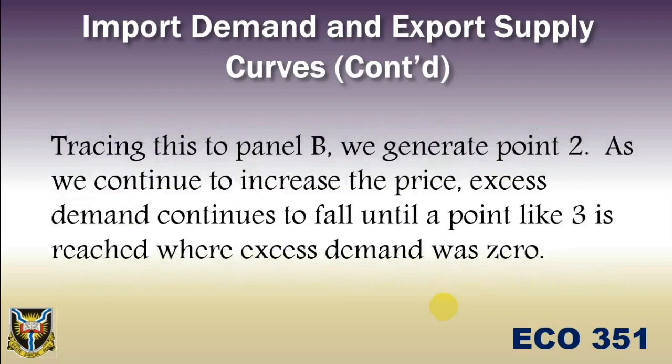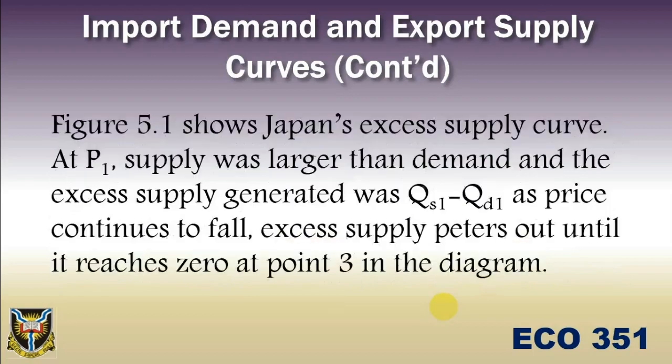Tracing these to panel B will generate point 2. As we continue to increase the price, excess demand continues to fall until a point like 3 is reached where excess demand was 0.